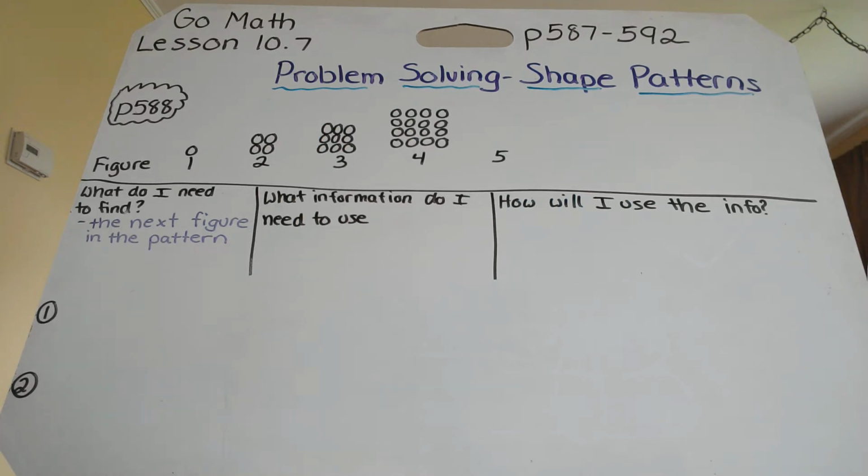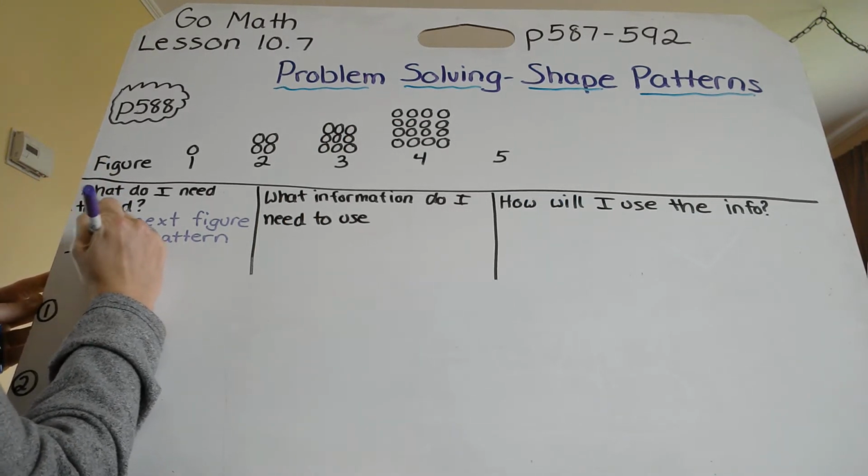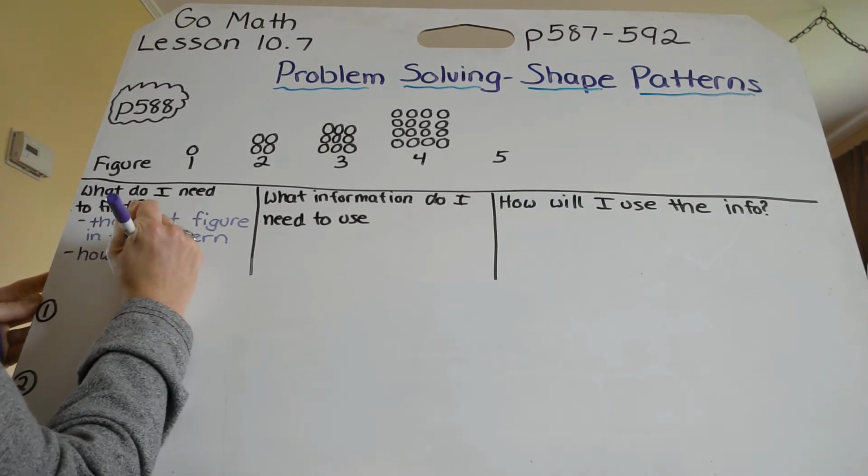And then there's something else up in the purple box that's asking me. So not only do I need to find the next figure, but there's something else. Look up at that purple box. What else is it asking me? Yep. So it also wants to know how we can describe the pattern.